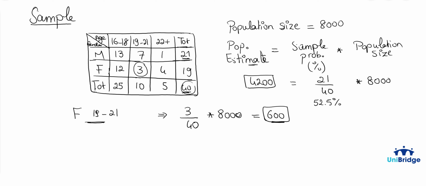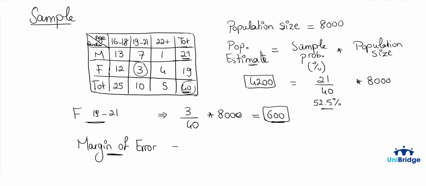So also, there's a concept that I want you to know, which is the margin of error. So sometimes using the sample, we like to put a certain margin of error. So let's say I got that this is 52.5%. Maybe I'm not 100% sure of that.